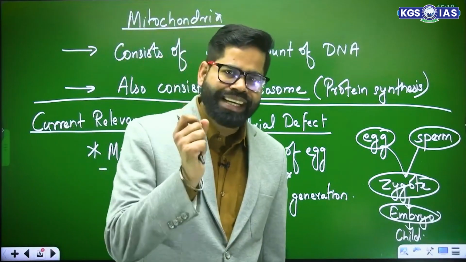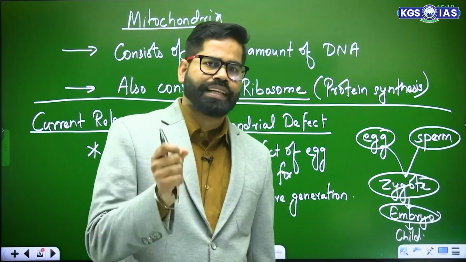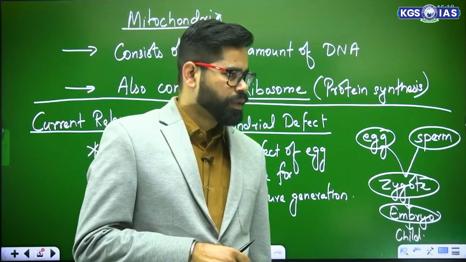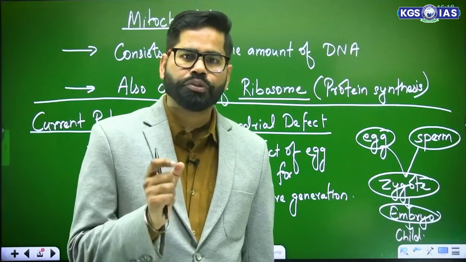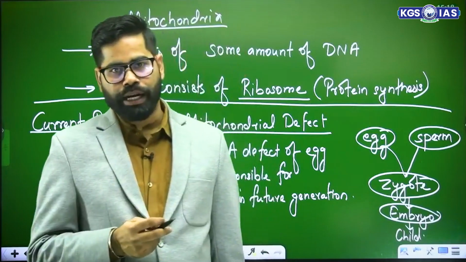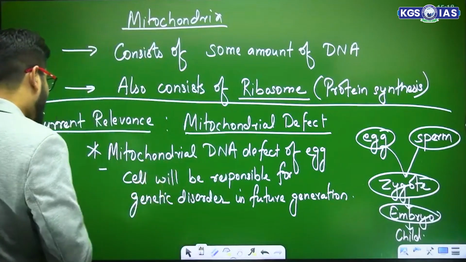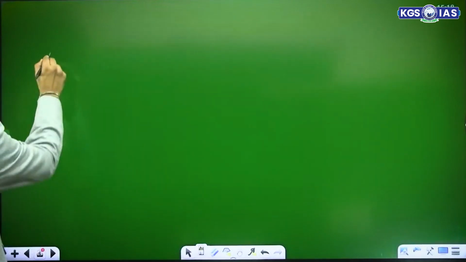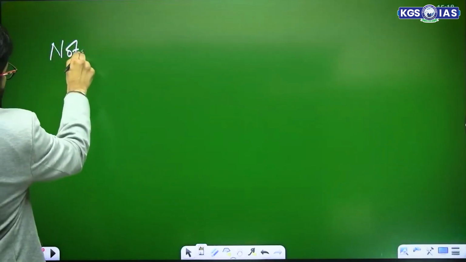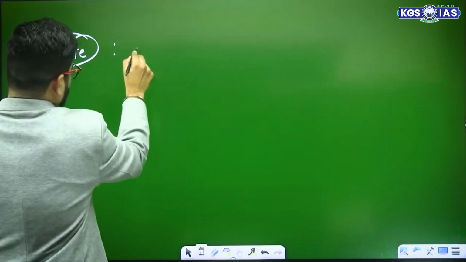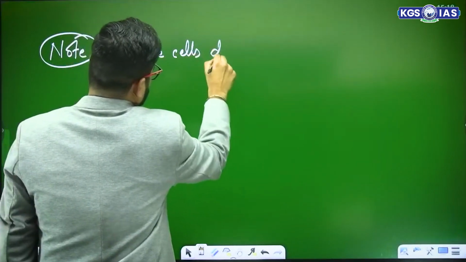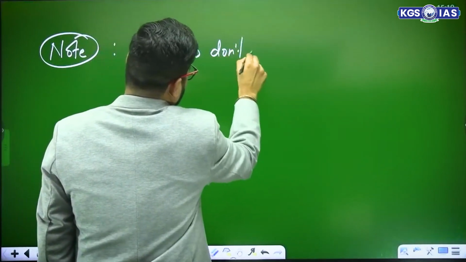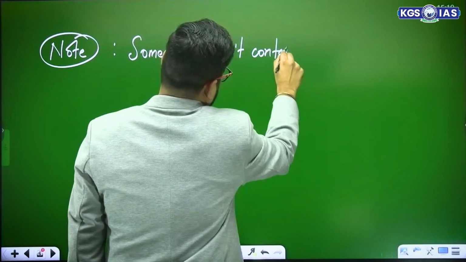But there are certain exceptions, that some of the cells do not contain mitochondria. So here we have another additional note. Some cells do not contain mitochondria.